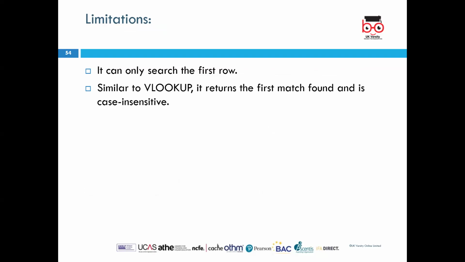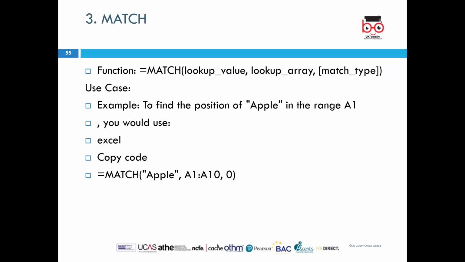So the limitations for this is that it can only search the first row, and is similar to VLOOKUP. It returns the first match found and is a case-insensitive match.